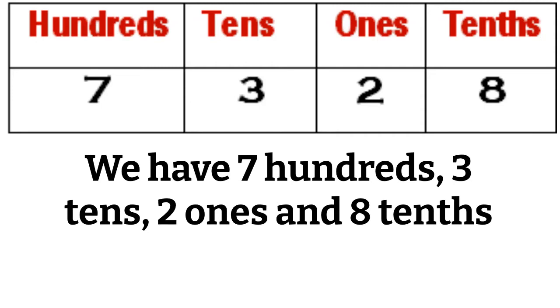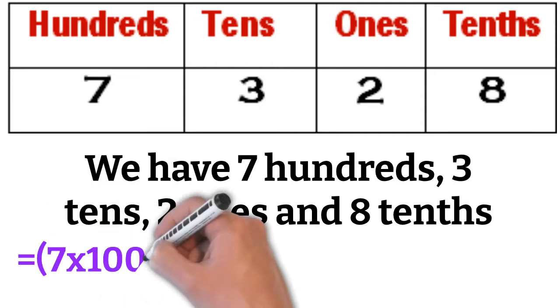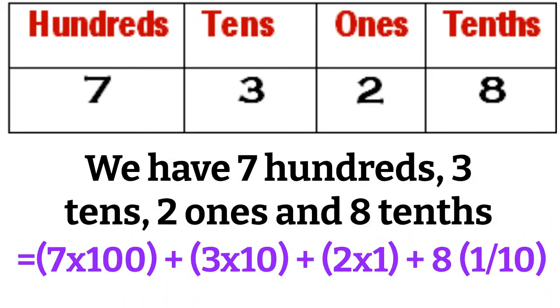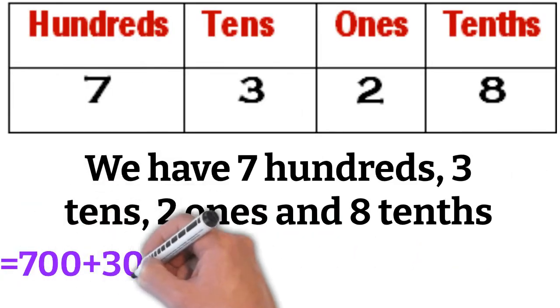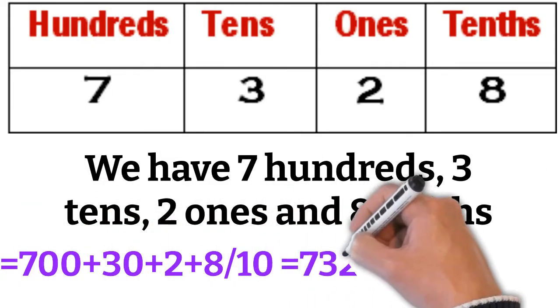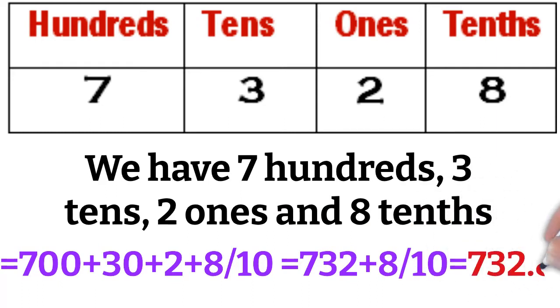Now, we can write the decimal number as 7 into 100 plus 3 into 10 plus 2 into 1 plus 8 into 1 by 10, that is equal to 700 plus 30 plus 2 plus 8 by 10, that is equal to 732 plus 8 by 10, that is 732.8.